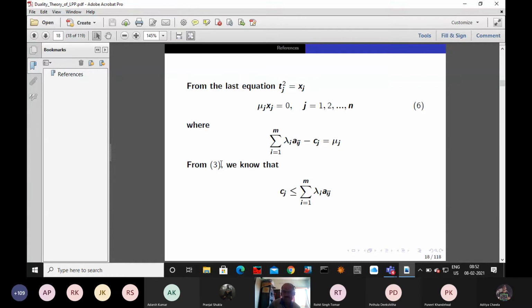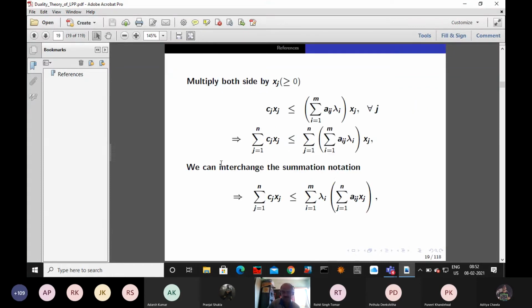So cj into xj is less than or equal to the summation over i from 1 to m of aij lambda i, whole into xj. This you can further simplify, and after simplifying, we can write the next equation in this form.